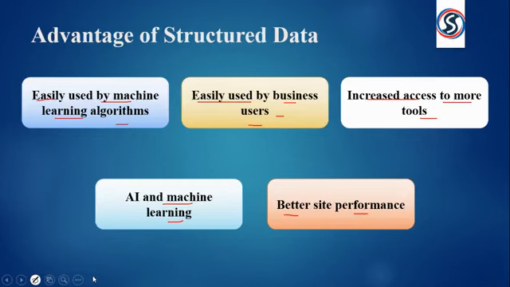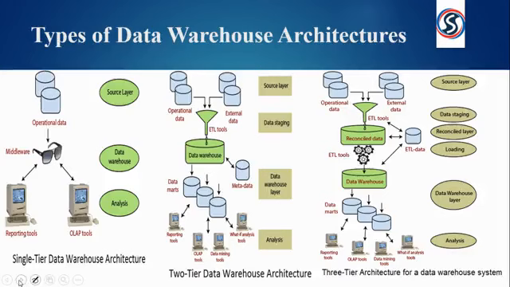Now next we will discuss the types of data warehouse architecture. A typical data warehouse architecture defines the arrangement of the data in different databases.